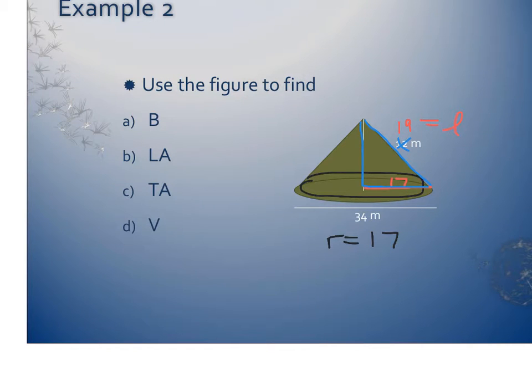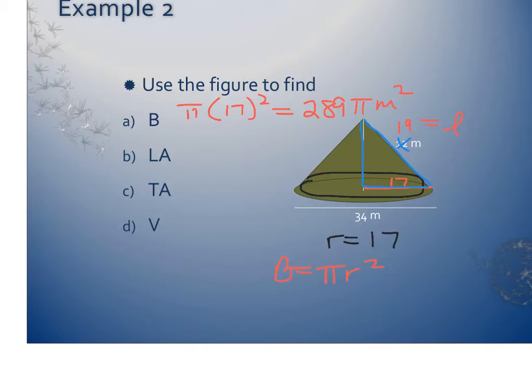Okay, so now I'm going to go back. I'm going to find the area of my circle base, which is pi r squared. So I'm going to do pi times 17 squared. 17 squared is 289. So 289 pi, this time it's meters squared.